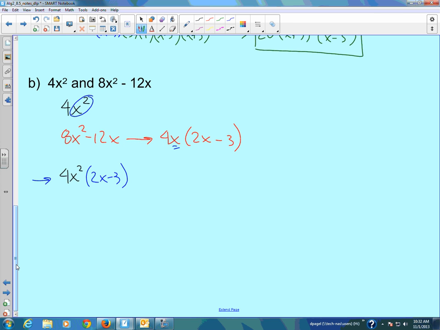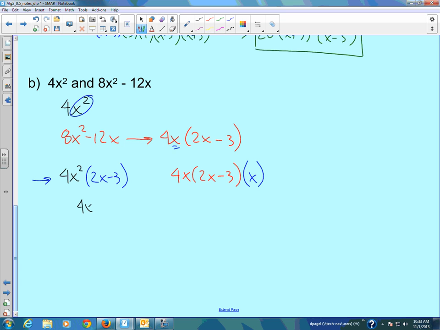Let's do the same thing for the red one now. So we started with (2x minus 3) times 4x. And now we go find out what is it missing. And we see that the only thing that this is missing from the 4x squared rational expression is that x squared term. So we would have to then multiply by an additional x, and then we create the 4x squared component, and then now we have 2x minus 3. So now we look at these two things.